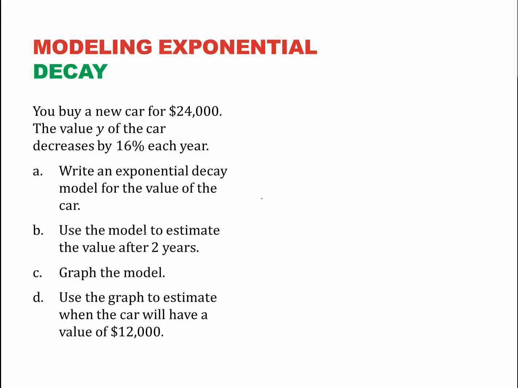All right, this one is a decay model, and you buy a new car for $24,000. The value Y of the car decreases by 16% each year. So right here it's telling you that the value is decreasing, and even if they don't tell you, the value of cars decrease. And you have to write an exponential decay model. So we know that Y equals A, 1 minus R to the T. Y is going to stay Y because the value is Y. A is 24,000.